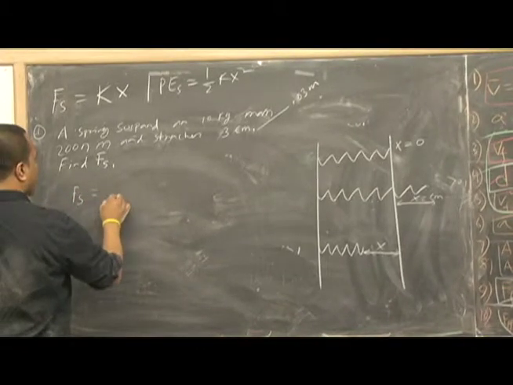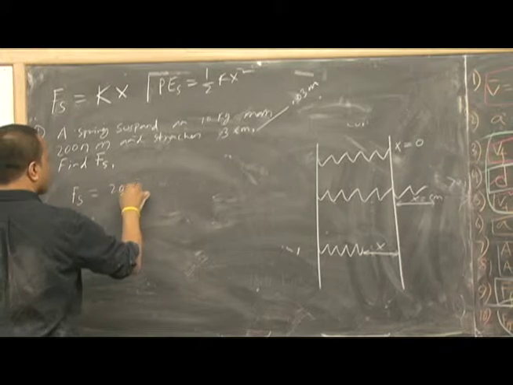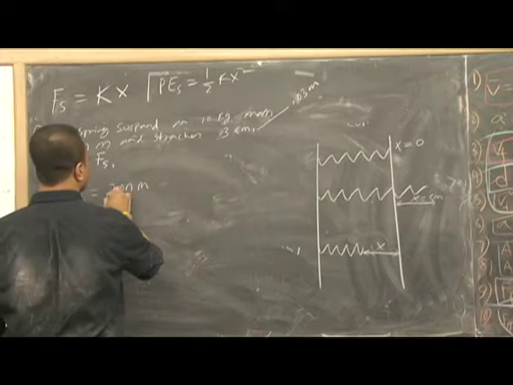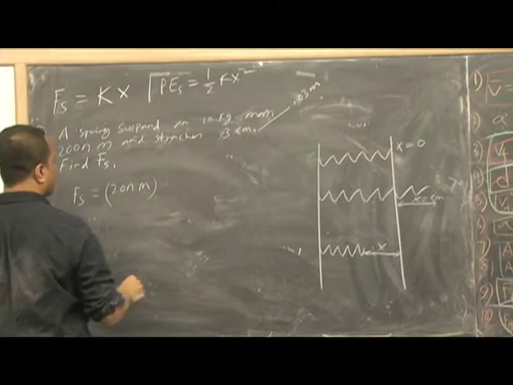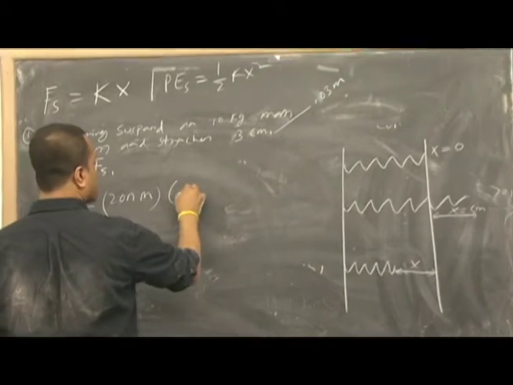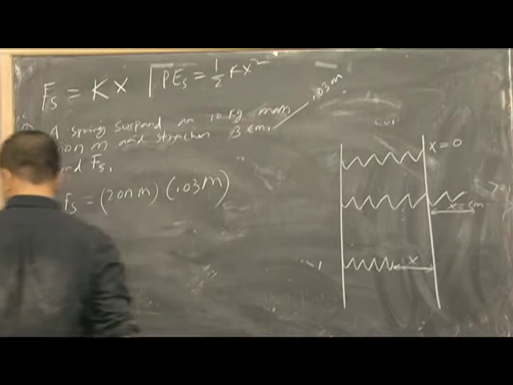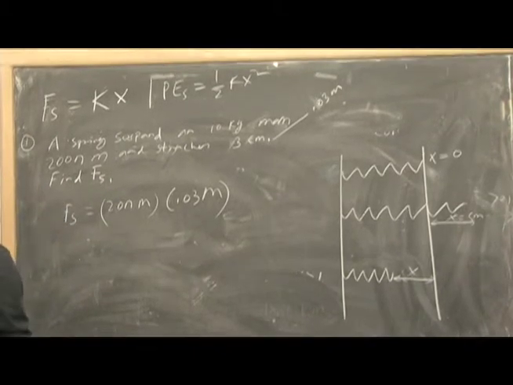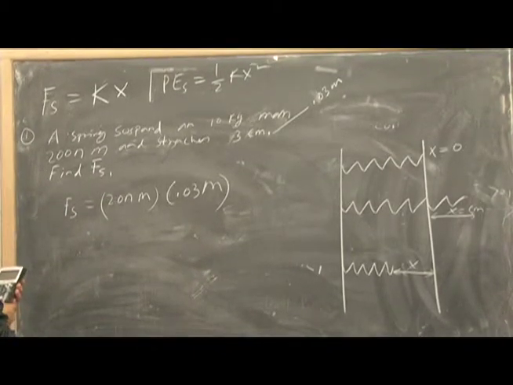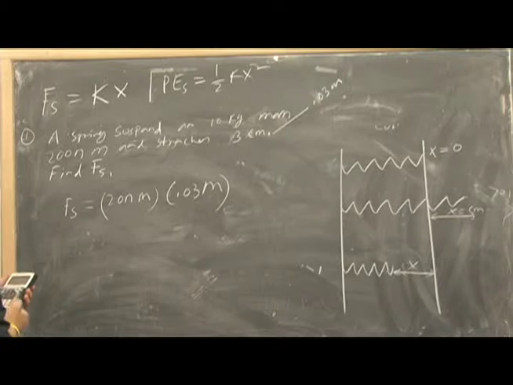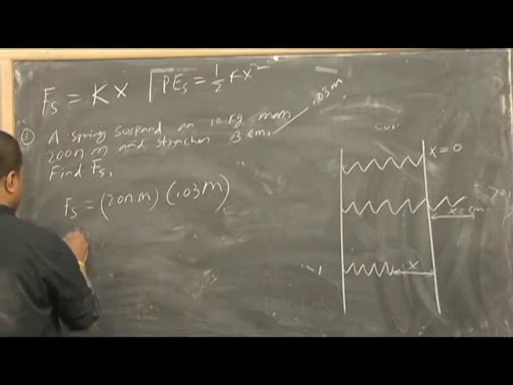Fs is equal to k, which is 200 Newton per meter, times, I guess, 0.03 meter. Okay, so 200 times 0.03 is 6.